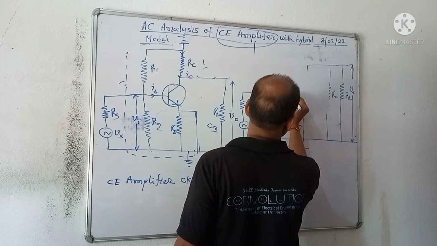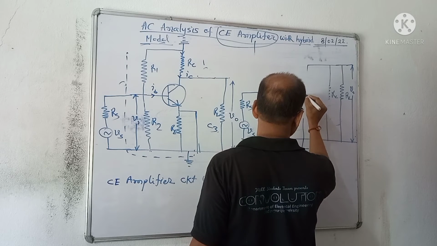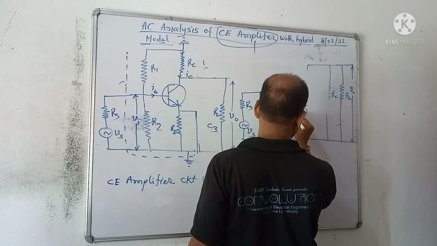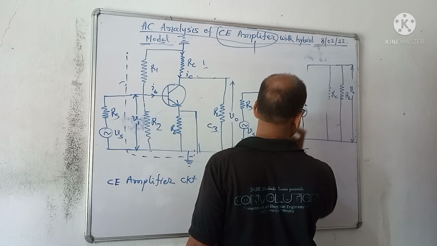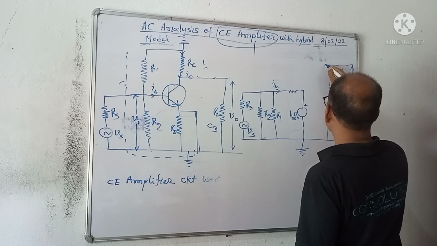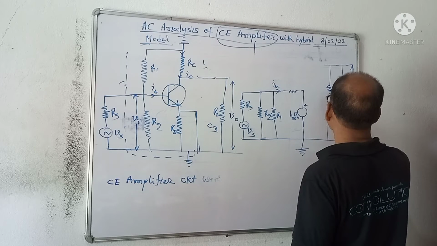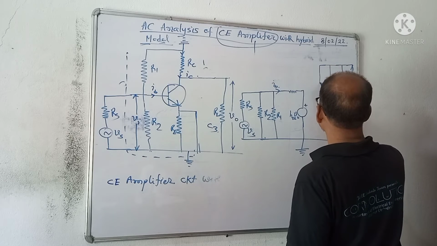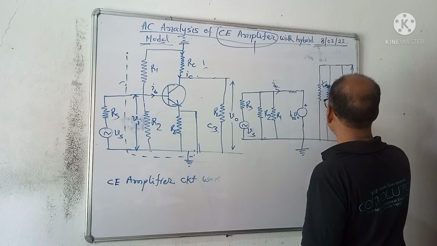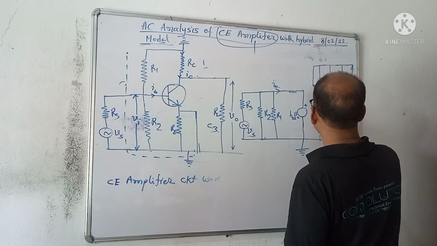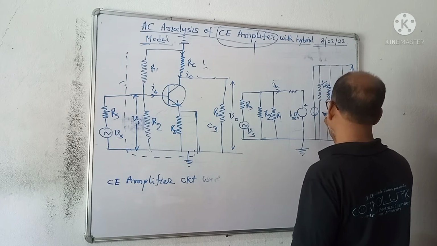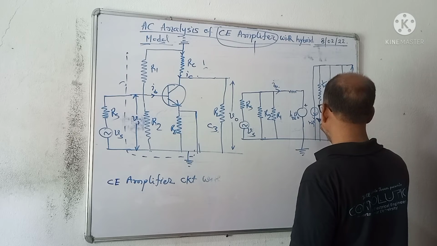This is your HIE, this is your HRE into V naught, this is your 1 by HOE, and this is your HFE into IB.